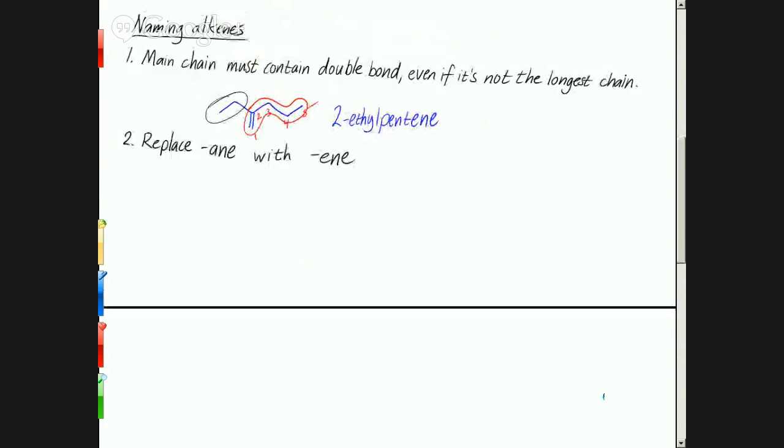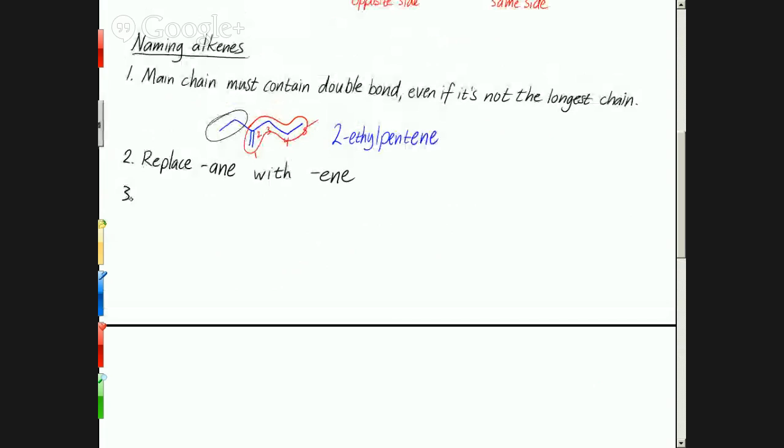The third rule: if the double bond doesn't start at the first carbon, carbon 1, and it would be a long explanation, I'm just going to say number it, and I'll show you an example.